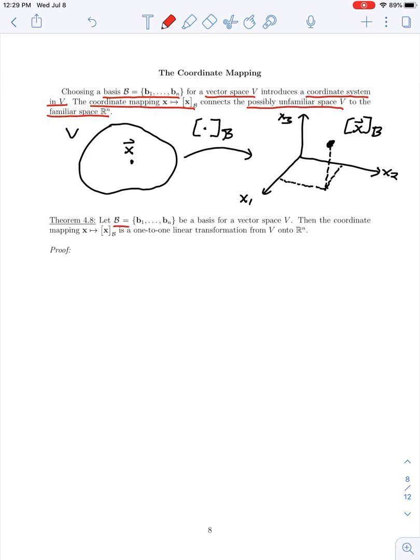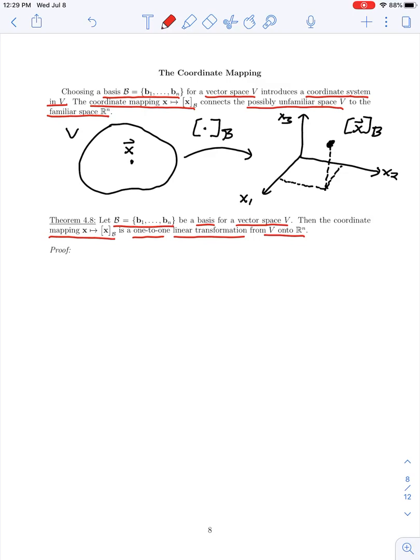If we have a basis B consisting of n vectors for a vector space V, then this coordinate mapping from x to the coordinate vector of x relative to B is a one-to-one linear transformation from the vector space V onto Rn. All right.